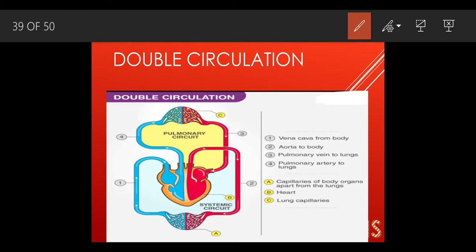First, what we are going to understand: this is the heart. This is the right side of the heart, the part which is blue in color, and this is the red part, the left-hand side, which is carrying the oxygenated blood.